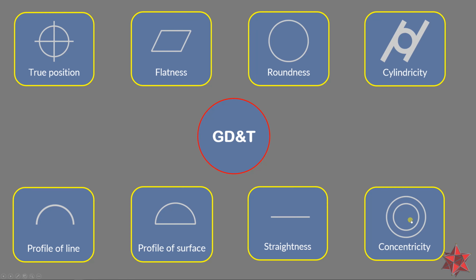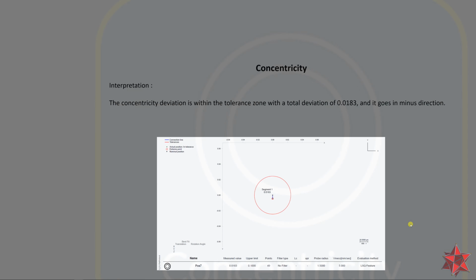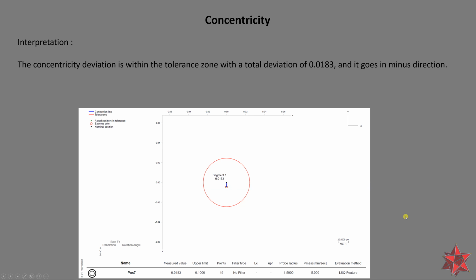Okay, so the last one is concentricity or coaxiality, because they are represented in the graphical evaluation the same. And here we have also the legend, but this time we have the connection line between the actual point and the nominal point. The tolerance, so this is the tolerance, so this point has to go through this tolerance, like we can see here, the round tolerance.